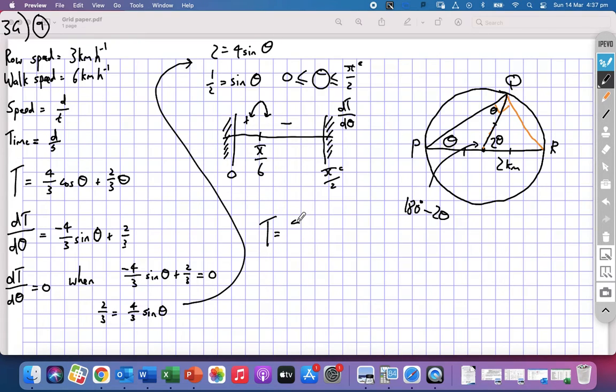So 4/3 cos pi on 6 plus 2/3 times pi on 6. Right? I'm now going to the time equations to find out what this time actually is.